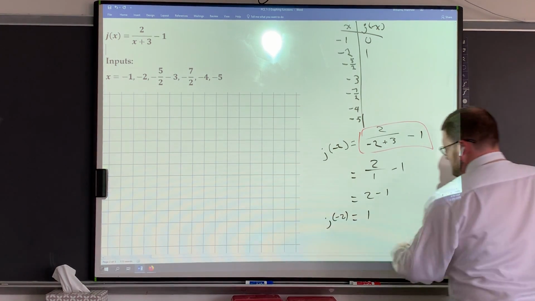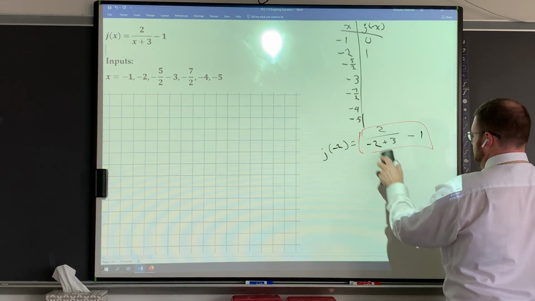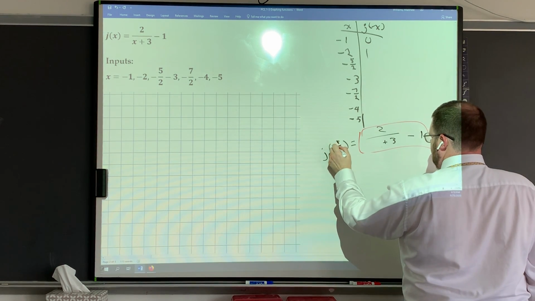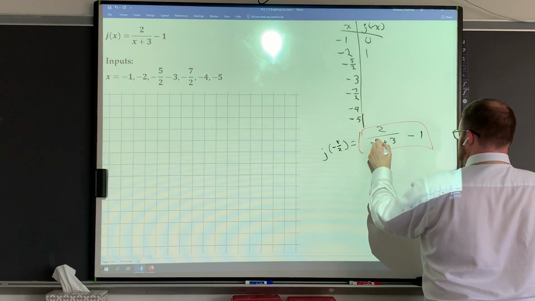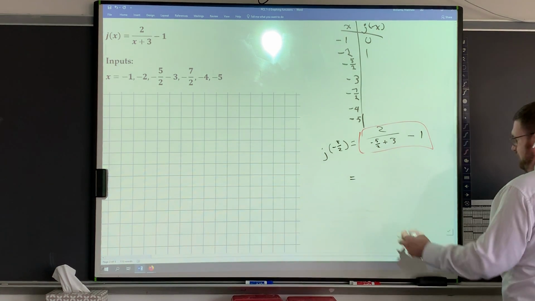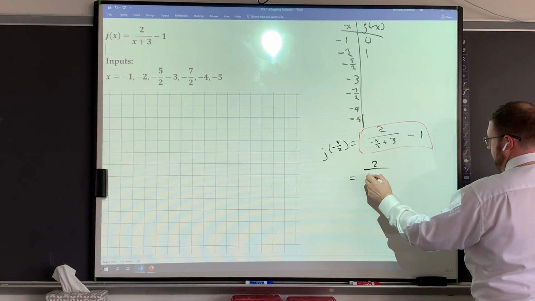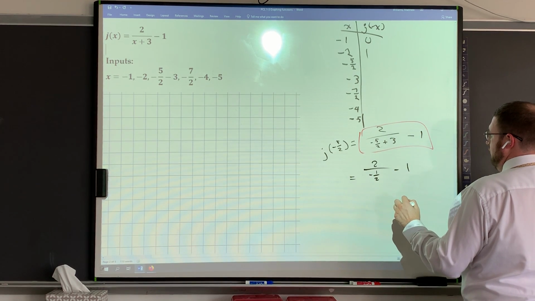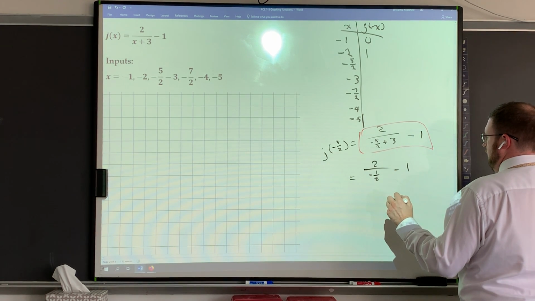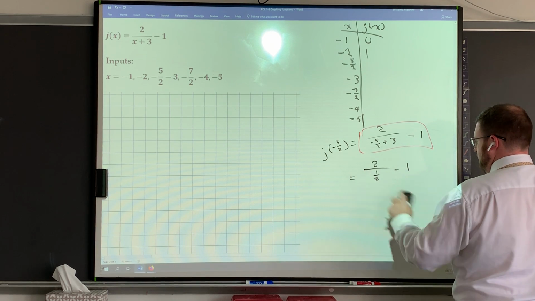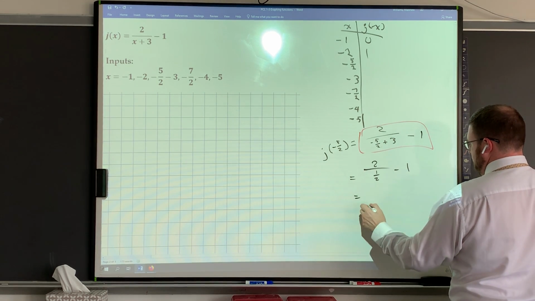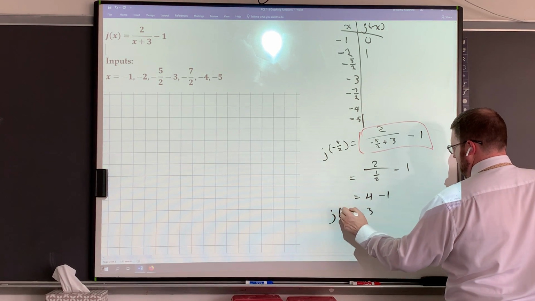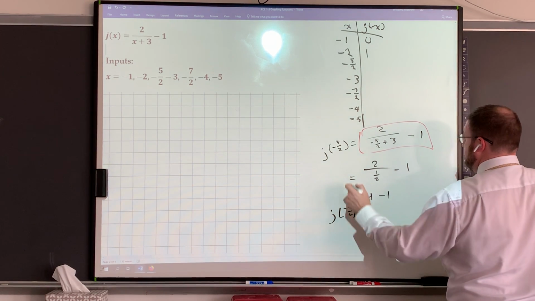And I'm going to do the same thing for the input of -5/2. So that's going to be 2 over -1/2 minus 1. Is that right? No, sorry, positive 1/2. Which gives me 4 minus 1, which is 3, for j of -5 over 2.